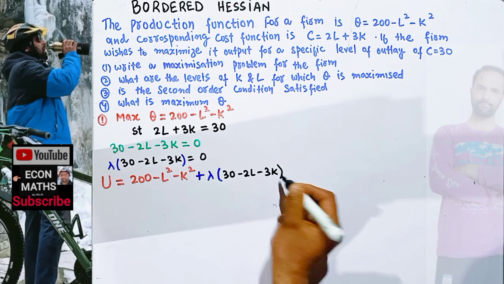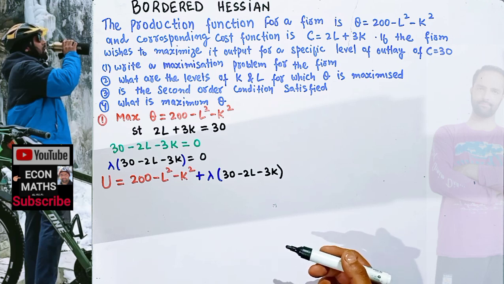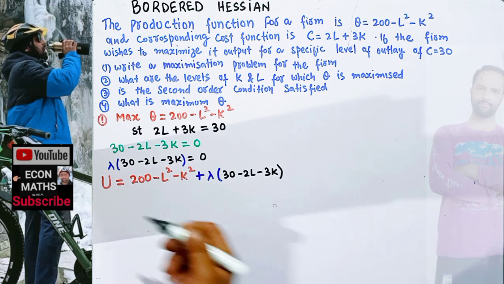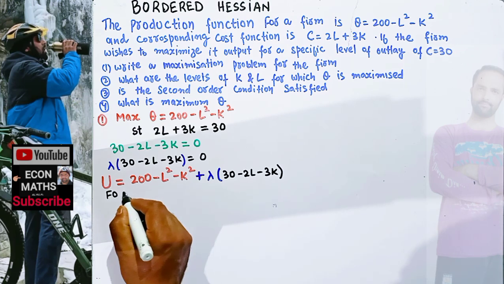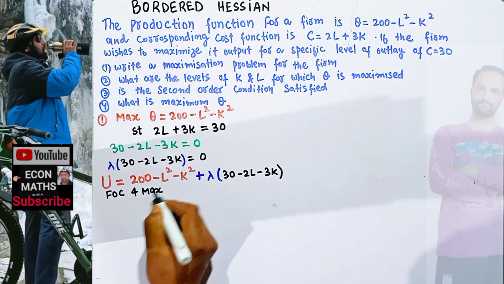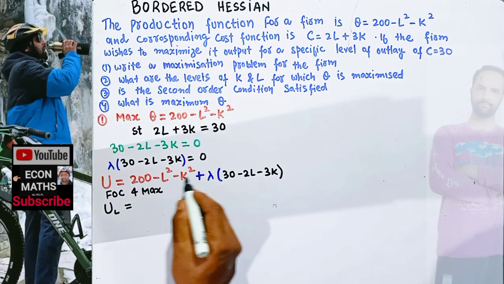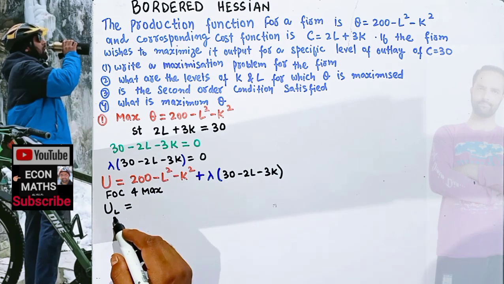Now we need to check the first order condition. The first order condition for maximization requires that we take the partial derivative of this Lagrangian function with respect to labor, capital and lambda, set them equal to 0 simultaneously, and solve them. Let's denote U subscript L as the partial derivative of this Lagrangian function with respect to labor.